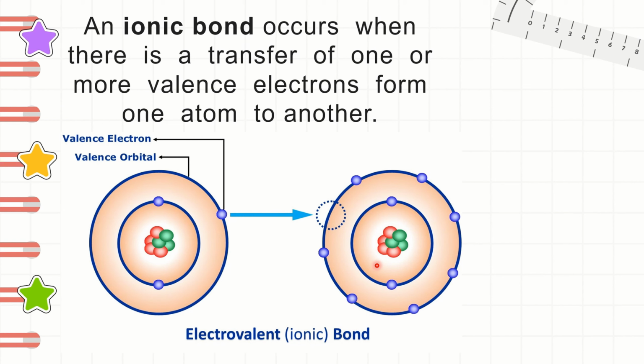It means the last shell should be 8. Not unless it is hydrogen or helium, wherein the hydrogen meron siyang isa. So it needs only one to satisfy its valence electrons. Satisfy the first shell of the valence, which is 2. Not unless ganun yung nangyari.